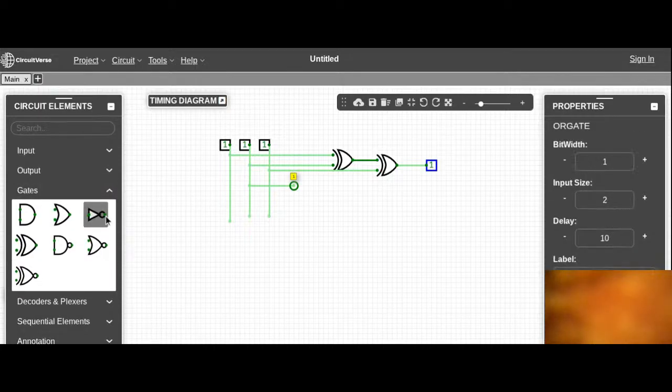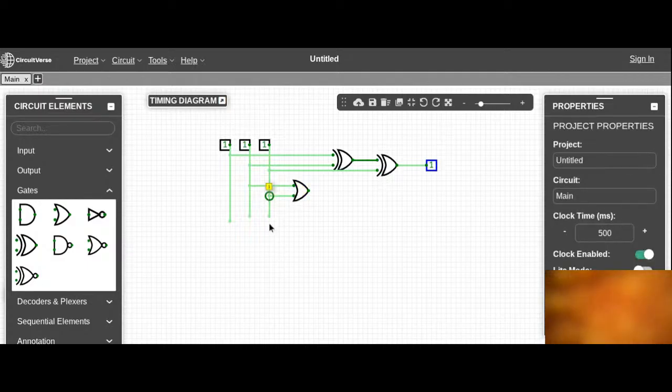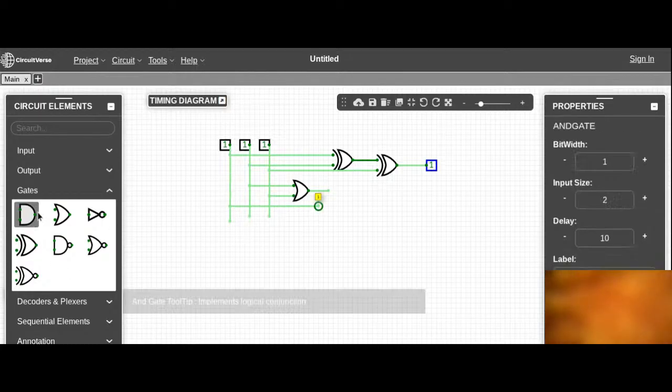I'll take the gate. So this is an OR gate. This will connect with B and C in, and then this will connect with this AND gate.